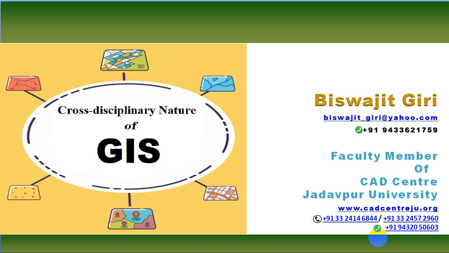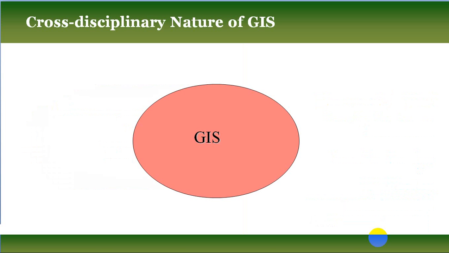All these components we will try to show you here one by one. So the topic is the cross-disciplinary nature of GIS. A lot of disciplines interact with GIS so that the GIS system runs smoothly.